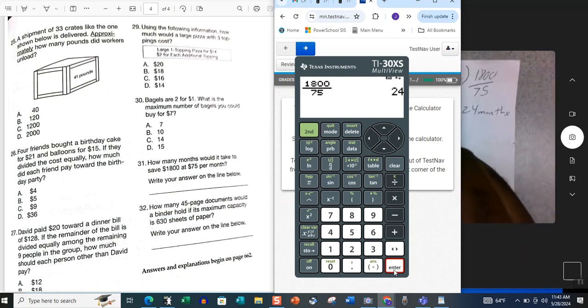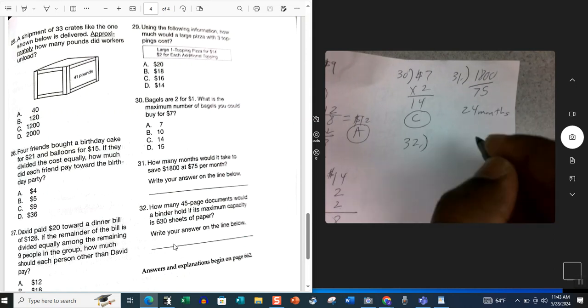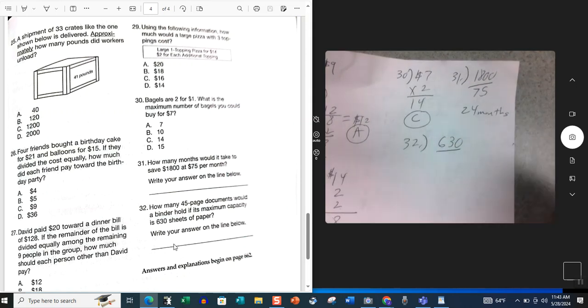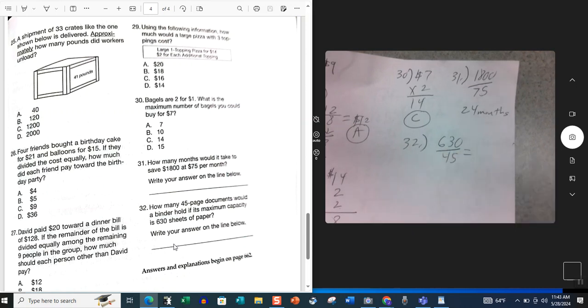Now our last problem, problem 32. It says, how many 45-page documents would a binder hold if its maximum capacity is 630 sheets of paper? So we would take 630 and divide it by 45.